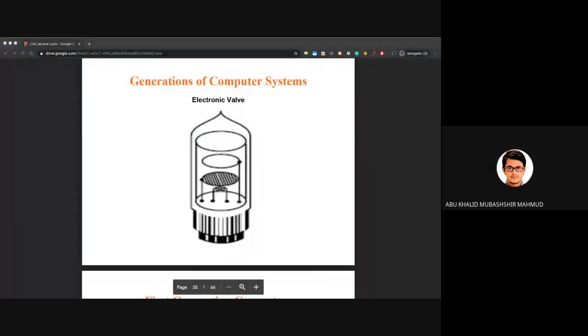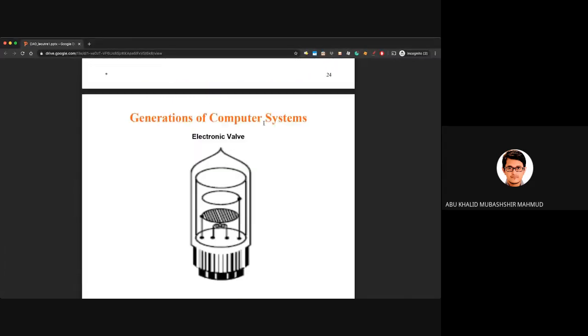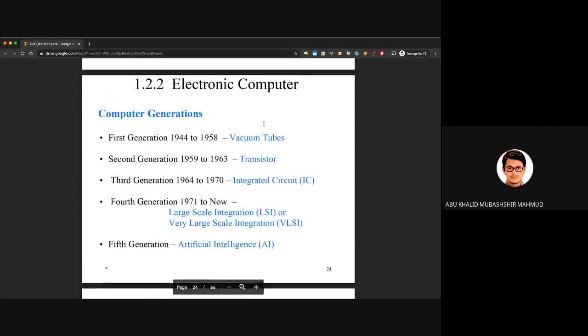Electronic valves. The electronic valve was the building block of the first generation of computers. As we can see here, it used vacuum tubes.